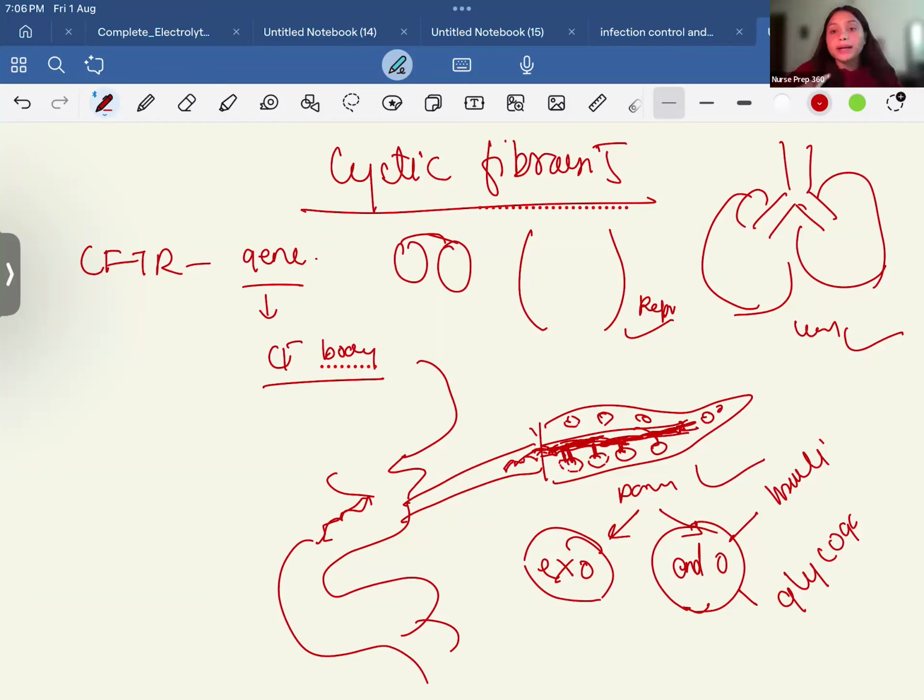What does protease break down? Protein. Very good. What does lipase break down? Fat, lipids. Very good. So understand one thing, in cystic fibrosis, as you have very thick secretions in your pancreas, first of all, fat, protein, and carbohydrates.